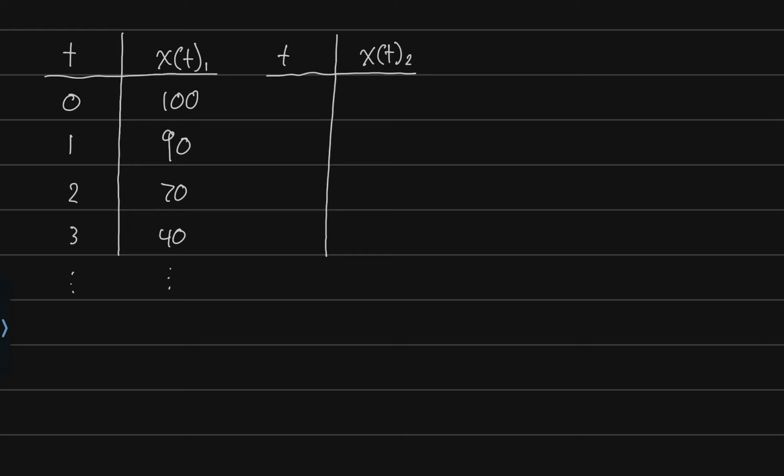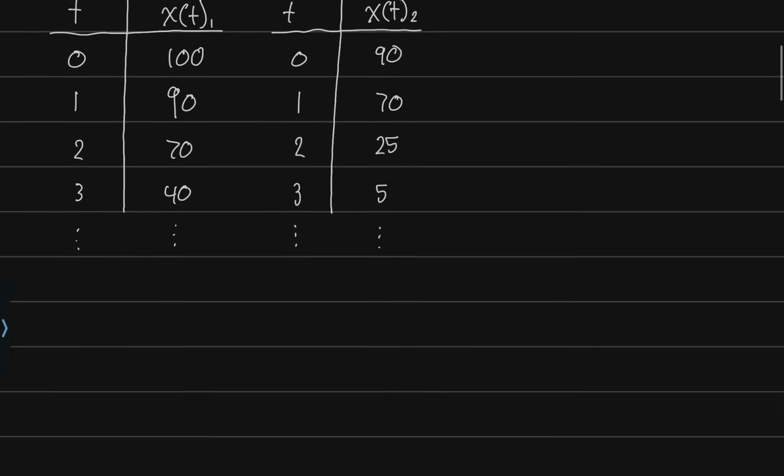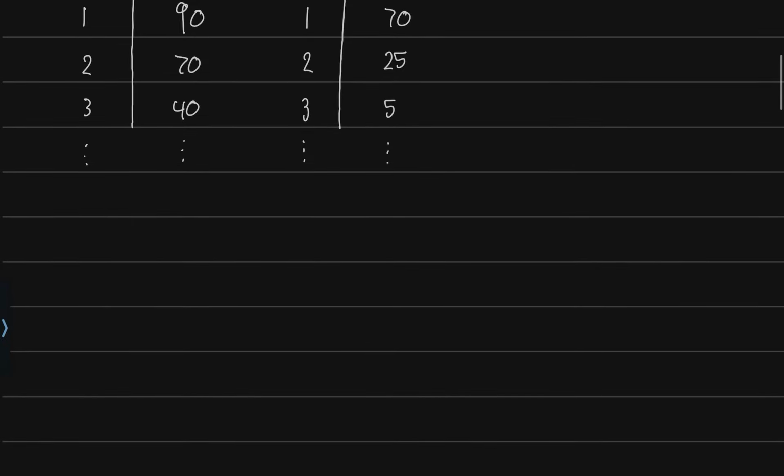I'll denote that as x of t2, and my independent variables are going to be the same. And let's say this ball starts off at 100, or maybe not 100. Let's change that. Let's start it with 90. And then let's say it goes down to 70 after that at time equals 2. It goes down to 25, and then at time equals 3, it goes down to 5. So on and so forth. Cool.